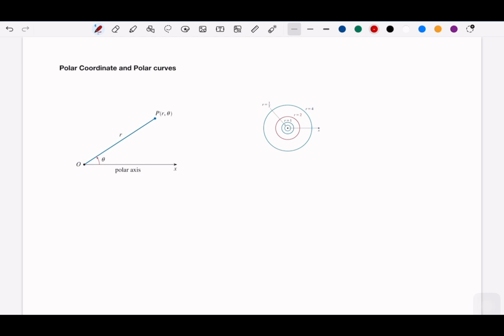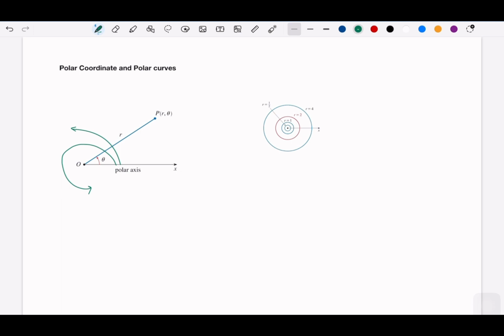And how we move in polar is basically we rotate. For example, we start from the polar axis and rotate anti-clockwise, depending on how much angle we rotate, maybe pi over 2 or even pi over 4.